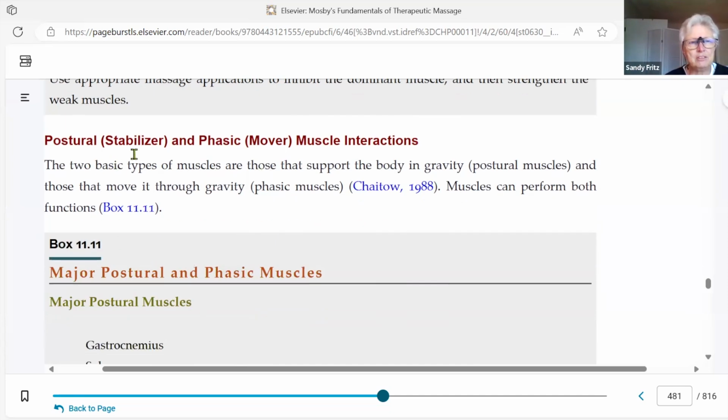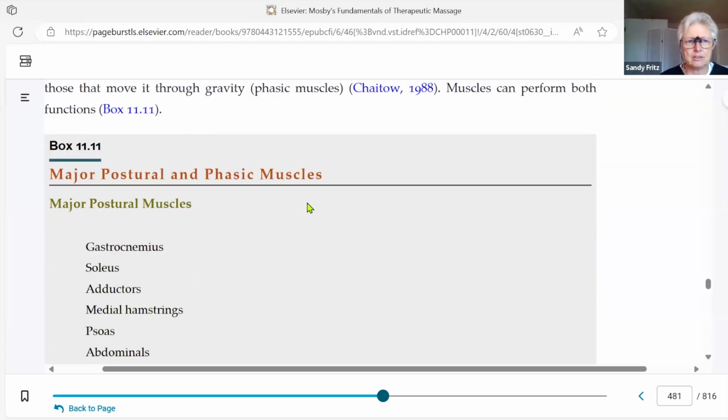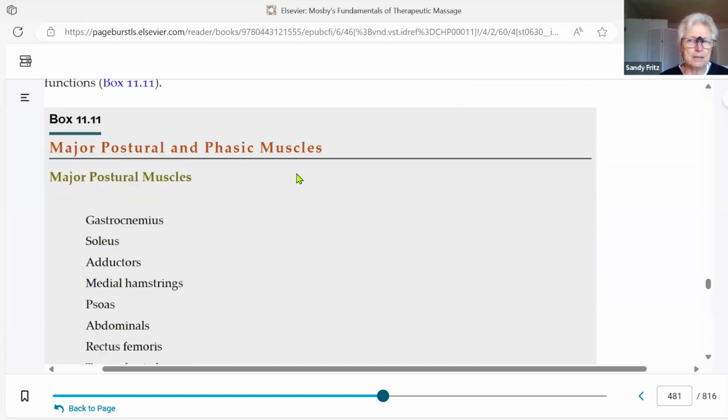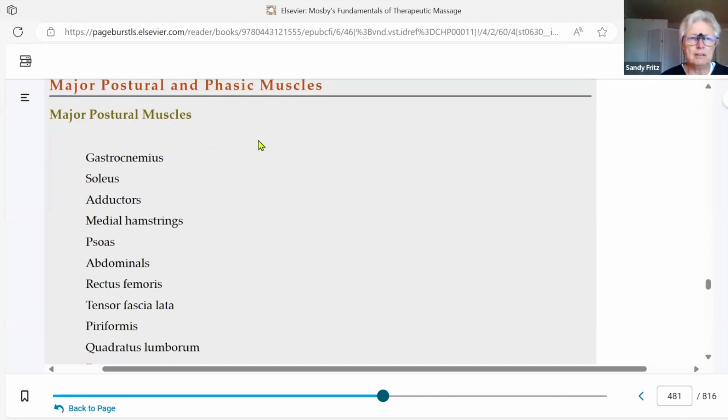Then more information here again on postural and stabilizer functions and phasic mover interactions. Now we're getting pretty advanced here. But you may hear this terminology, or you may see this terminology on the MBLEX. So postural muscles have to hold a static contraction for a long time because they're keeping us upright.